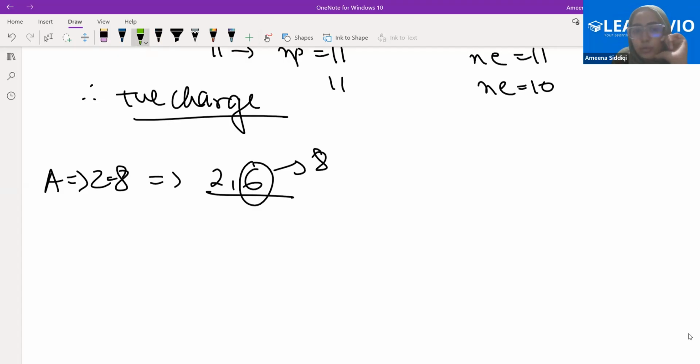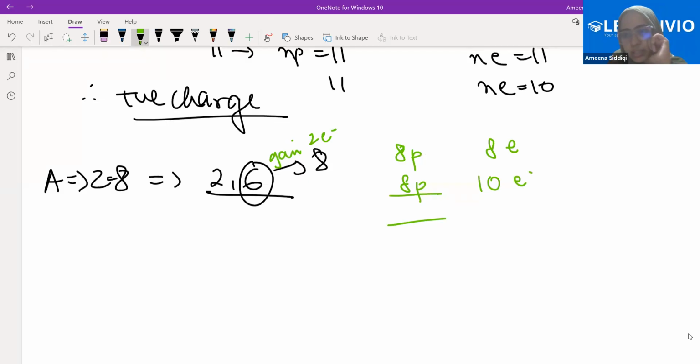So what will it do? Don't you think it will gain 2 electrons? Yes, it will gain 2 electrons. Now earlier it had 8 protons and 8 electrons. Now it has 8 protons but 10 electrons. What's the charge? Plus 8 but minus 10, which overall becomes greater.